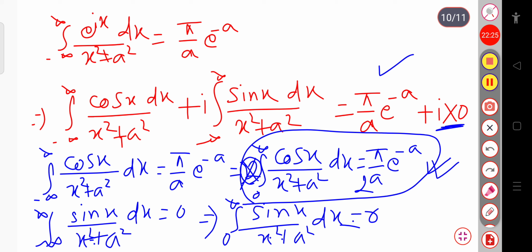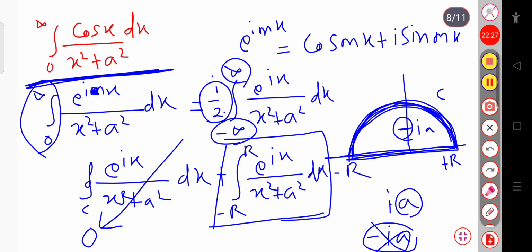So if I summarize this question, you can see that if the question is in fraction form and cosine x or sin x is present, then first you have to write it in the exponential form, and after that you have to separate the real part and imaginary part, and compare the left hand side term with the right hand side term.